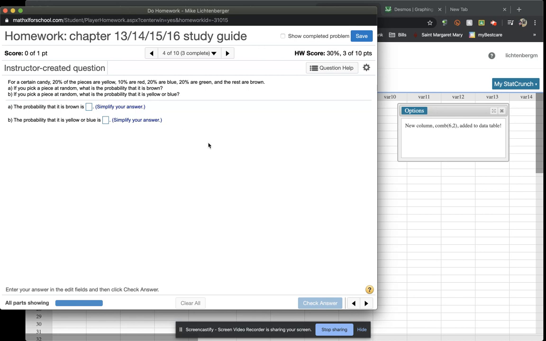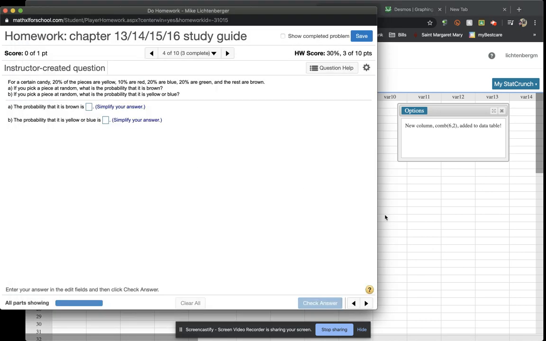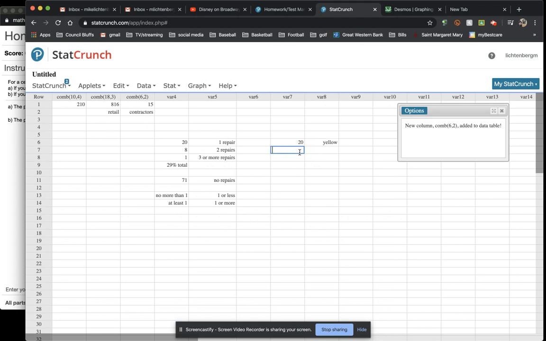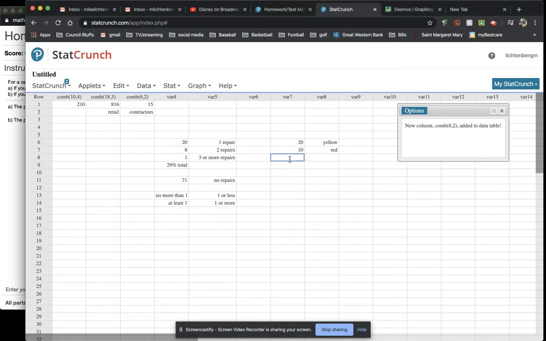If you pick a certain candy, 20% are yellow. 10% are red. 20% are blue. 20% are green.